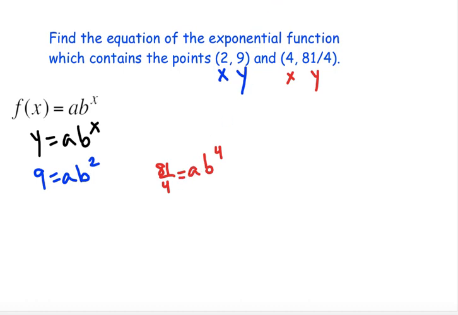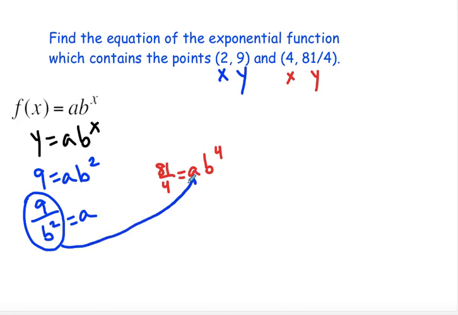Maybe what I would do is try to get this a all by itself. I could do that if I divided by b squared. So I've isolated the a. Now I could plug in 9 divided by b squared for a into this equation right here.